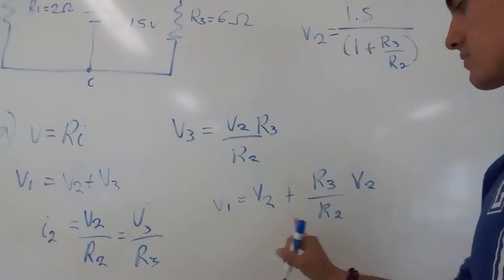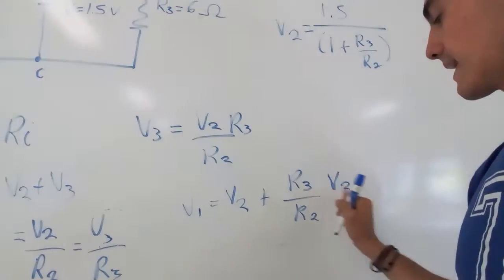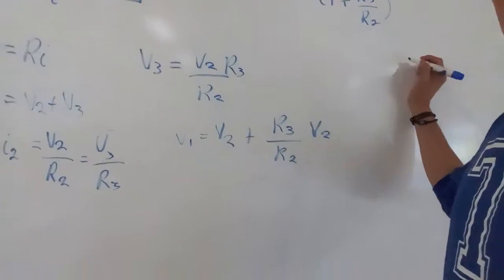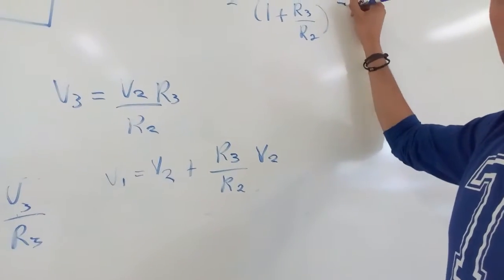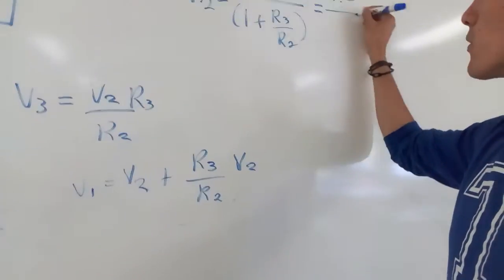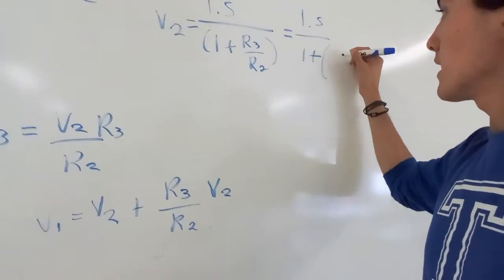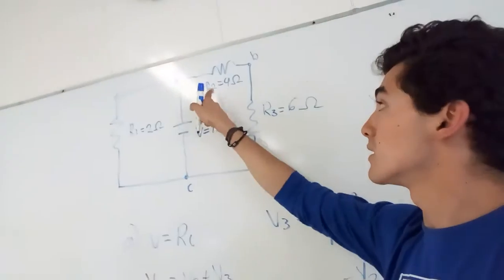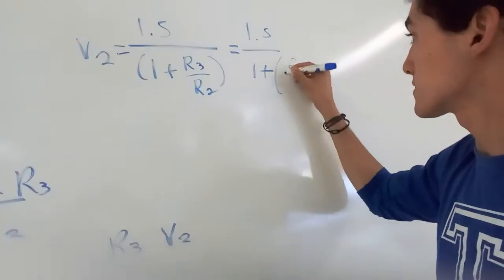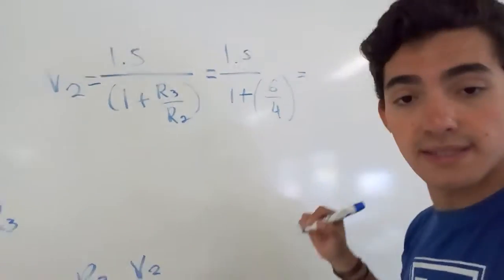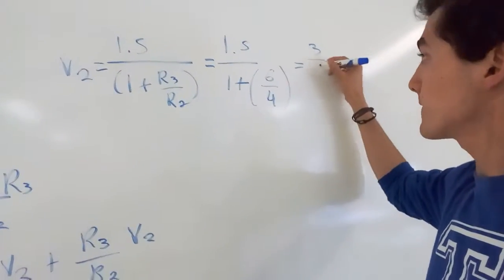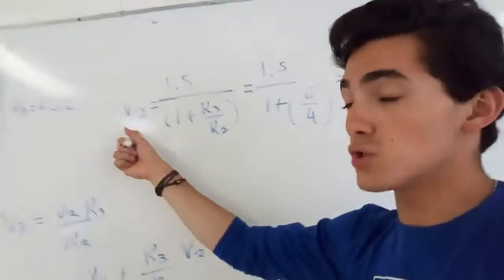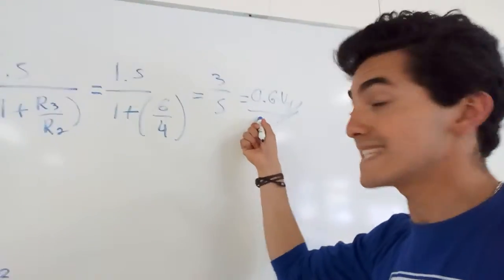That was the factorized part of getting the voltage 2 out of this operation. And this will be equal to 1.5 over 1 plus, resistance 3 is 6 over resistance 2, that is 4. So here is 6 over 4. And this is equal to 3/5, that is equal to 0.6 volts. So our voltage 2 is equal to 0.6 volts.